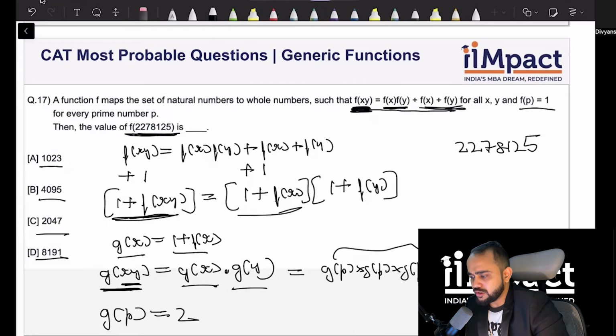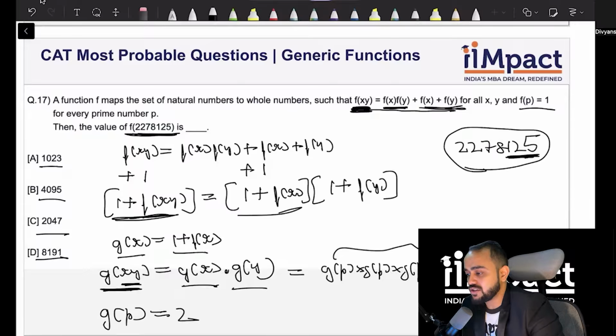One easy trick for this: 125 divides 1000, which means that these three digits, 125, are divisible by 125, and 2278000 will also be divisible by 125. So this entire expression is divisible by 125. So this becomes 125 into 18225.